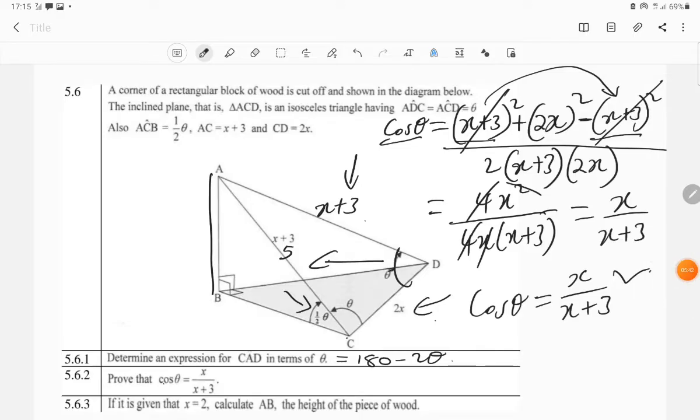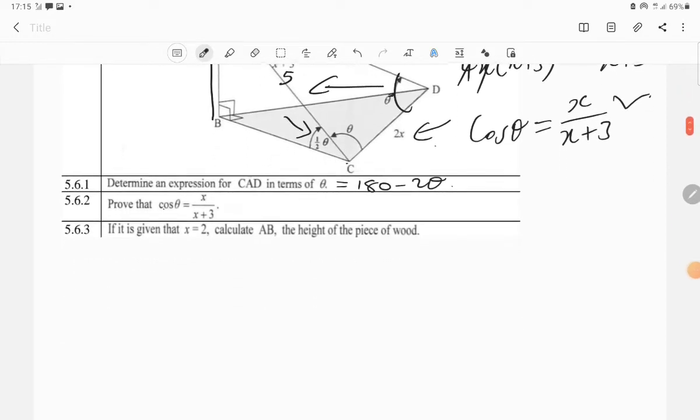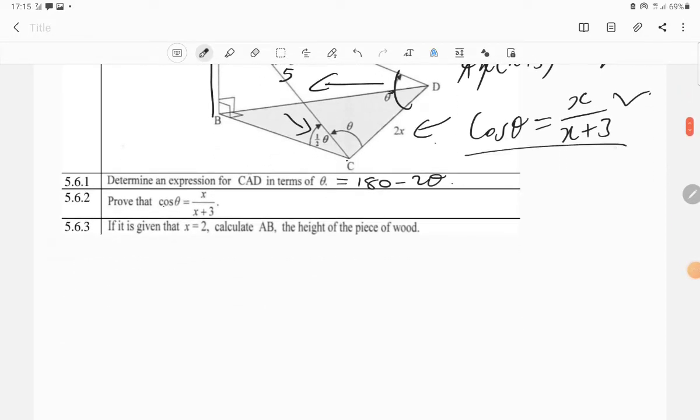For this question, we need to work with what we have over there, because now we're given that x is equal to 2. So let's have cos theta equal to 2 over 5, in place of x putting 2. So let's just find theta there.